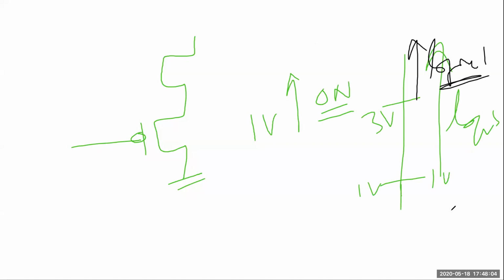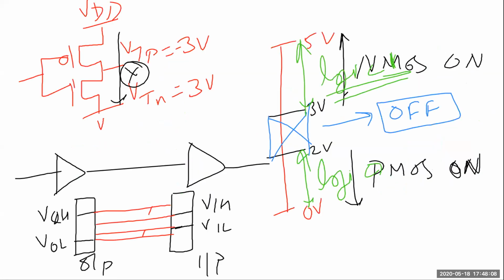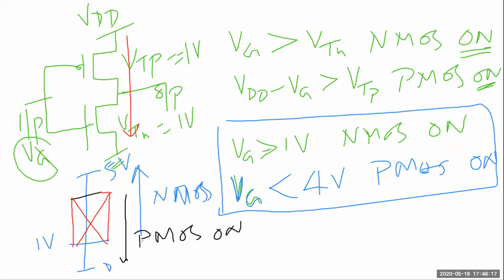If I think from that perspective, then here logic 1 is after 3 volt and logic 0 is below 2 volt. There is no overlap. But in this particular scenario, logic 1 is after 1 volt and logic 0 is basically here. In the lower region, because NMOS and PMOS are both on here, there is an overlap, and then we can calculate the VIH and VOH in that particular way.